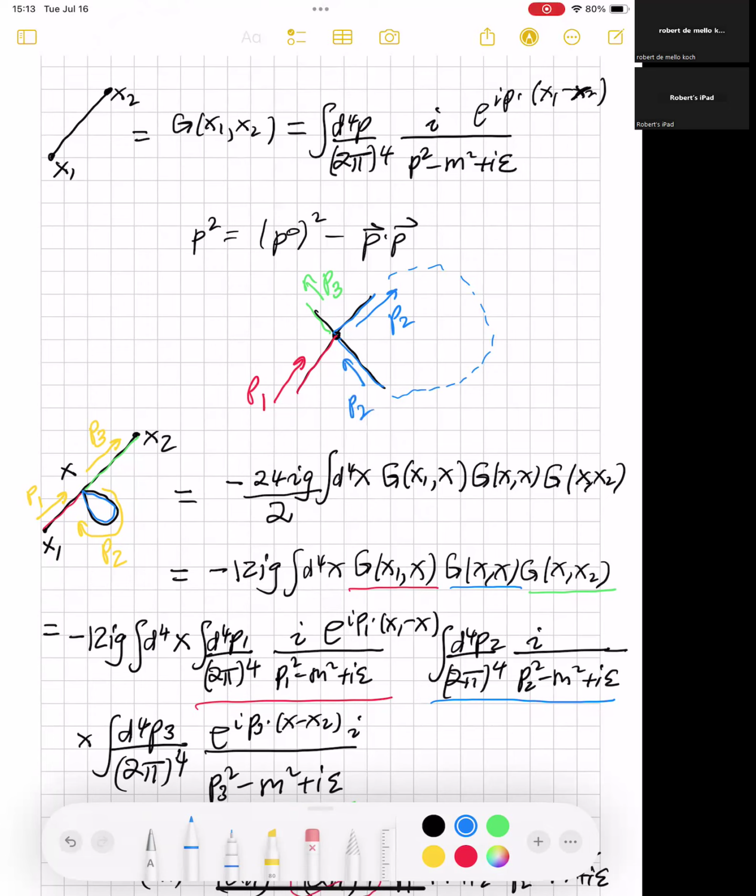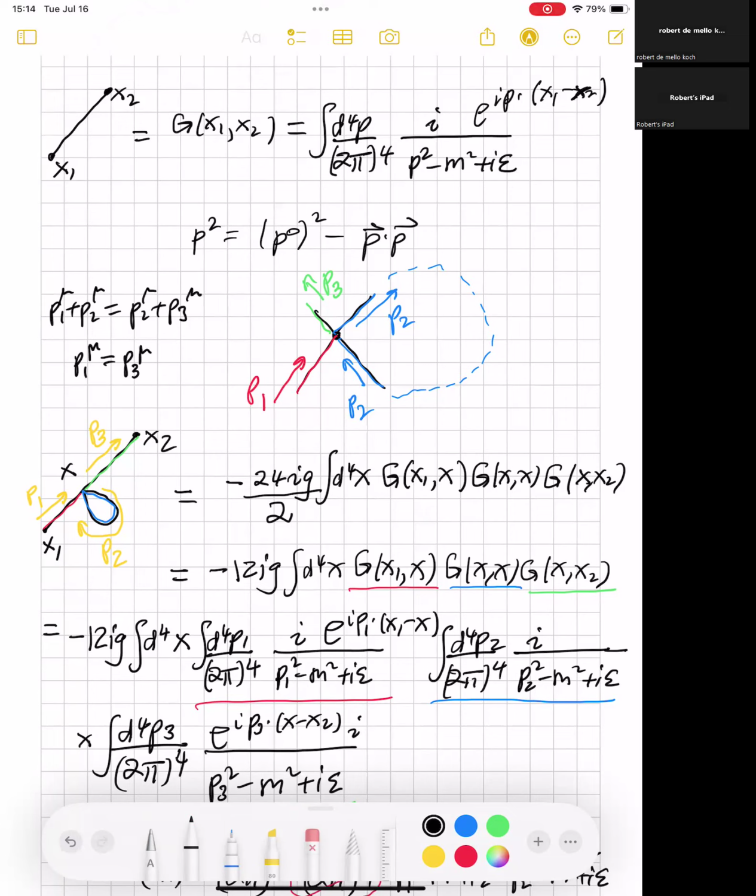Now, what should the conservation of momentum say? It should say the momentum flowing into the vertex must be equal to the momentum flowing out of the vertex. So P1 plus P2 has to be equal to P2 plus P3. But we can cancel the P2s on both sides, so we learn that P1 must be equal to P3. And this is all of the components of momentum, so it's all four components.